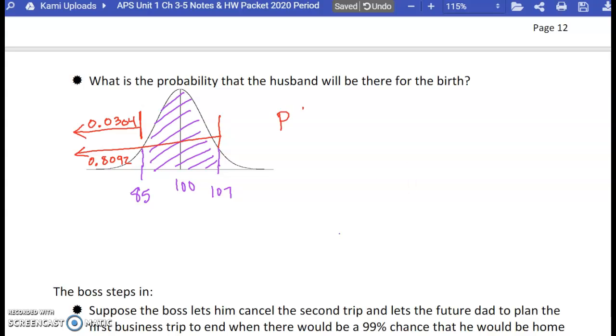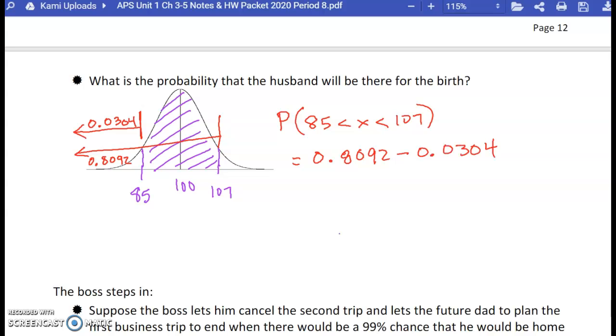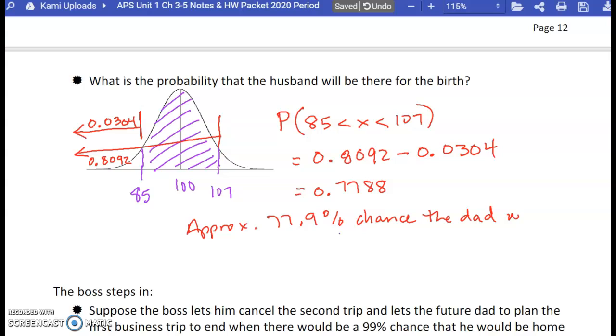So the probability that the baby will be born between 85 days and 107 days is going to be equal to this bigger probability from 107, and I need to subtract out the smaller probability to the left of 85, and that will give me my result. The difference here is 0.7788. So there's approximately a 77.9% chance the dad will see the birth, or will be in town for the birth.